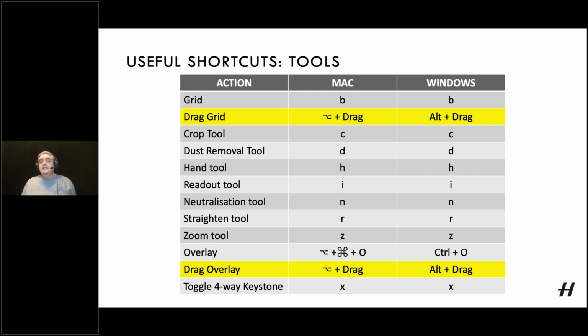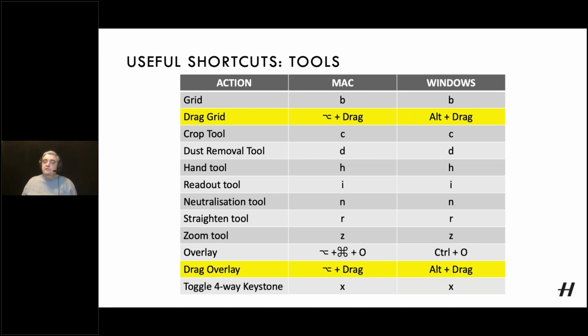A couple that I get asked about quite often is for the grid and the overlay. Now, no issues generally for switching them on, whether you're using the keyboard or the actual button press. But I get a lot of questions from people: how do I move the grid?